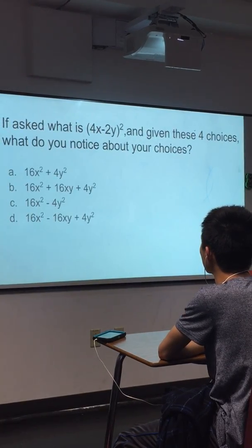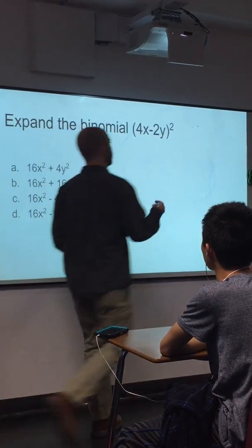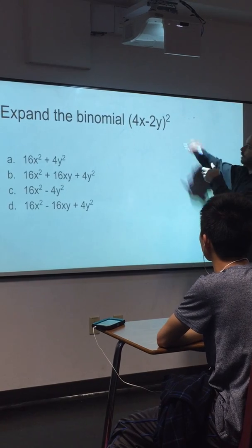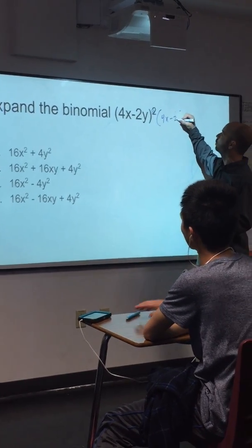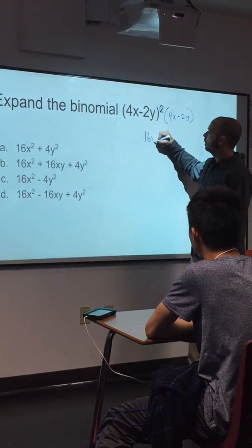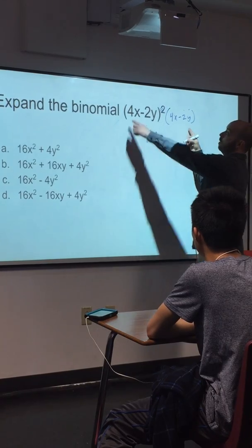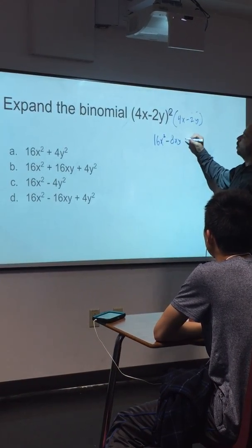So let's actually do this one really quickly. I heard a couple people say it. How do we multiply this out? FOIL. Thank you guys. I'm going to multiply 4x minus 2y. First terms, 4x times 4x, 16x squared. 4x times negative 2y, negative 8xy.